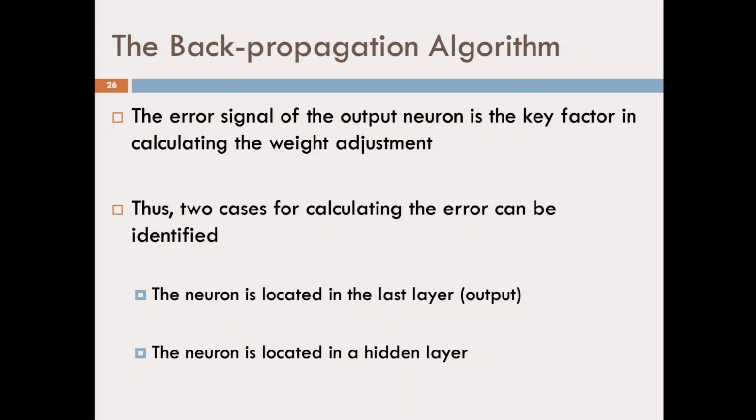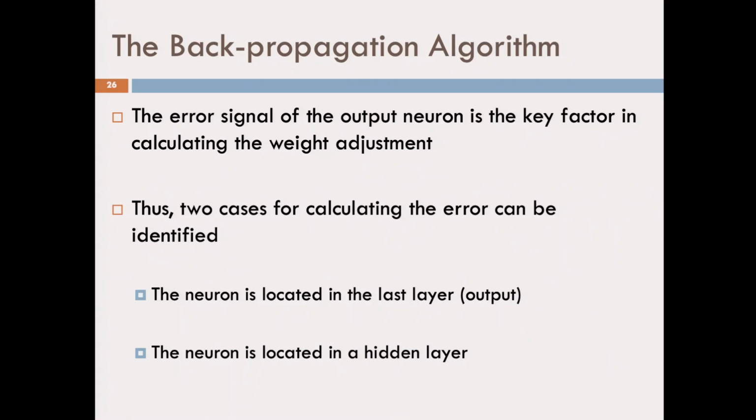But if the neuron is located in a hidden layer, we don't have the desired output for that neuron. So to adjust the error in a hidden neuron, we depend on calculating the local gradient of its next neuron, the neuron that is ahead of it.